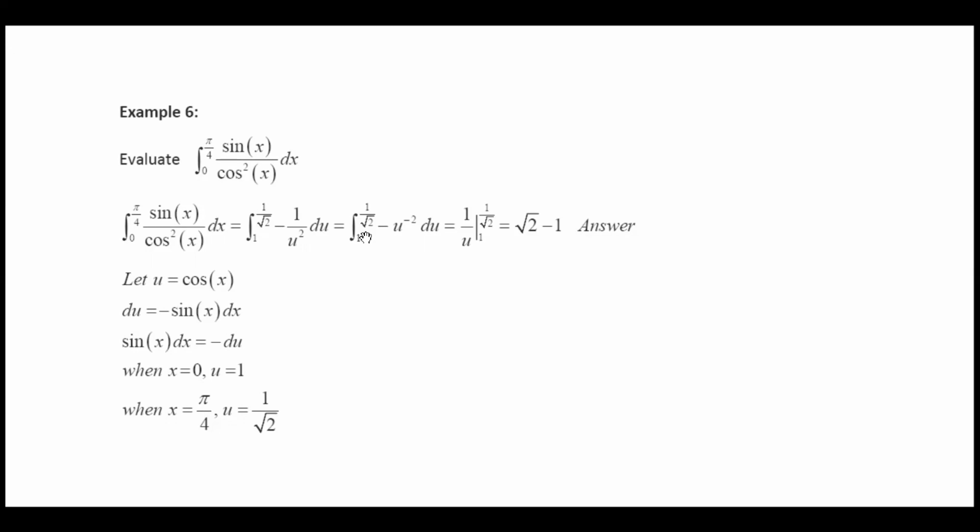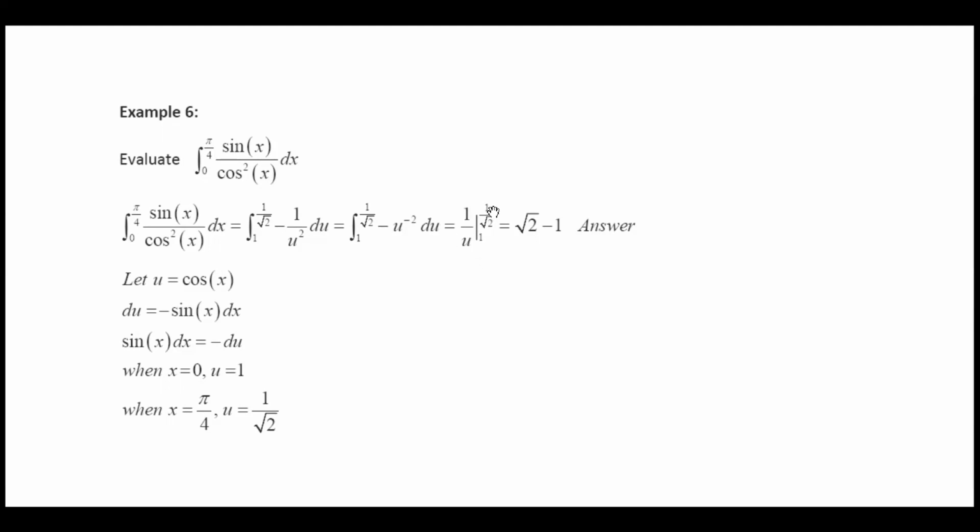Now we're going to simply integrate. We're showing this extra step. This is u to the -2. So when we add 1 to -2, we get -1, which is 1 over u divided by -1, and that -1 in the denominator cancels with this negative sign, so it's 1 over u.